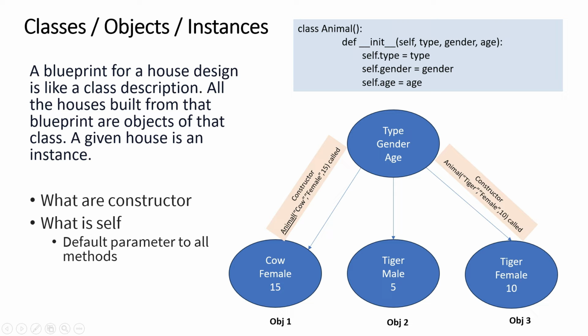So my first object is created. Now I have created a second object. Again, I would call Animal. This time I am giving tiger, male, and age as 5. Second object is created. Third object. So I can create as many objects as I want.